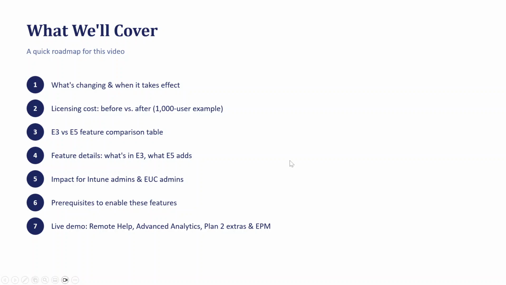The license cost will automatically change, but to fully utilize this feature, there are some prerequisites which we will be covering in this video. We'll do a live demo as well. I do have a test tenant, and some of the devices are enrolled to my test tenant. So we'll do some demo so that you understand what it is and how it is working.